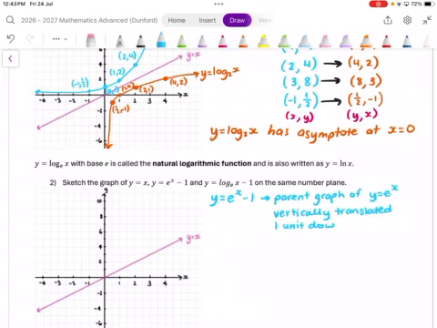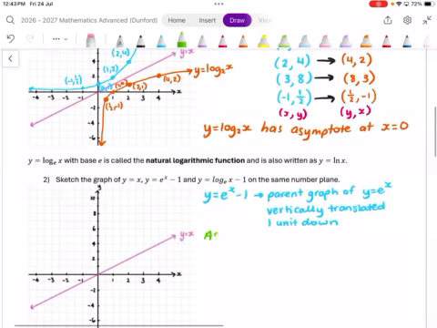So that's what that minus 1 does, it picks up our graph and shifts it 1 unit down. Normally with an exponential, the asymptote is at y equals 0, but because we have shifted it down, our asymptote is at y equals -1 instead.